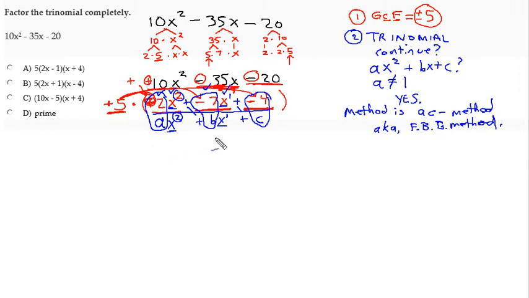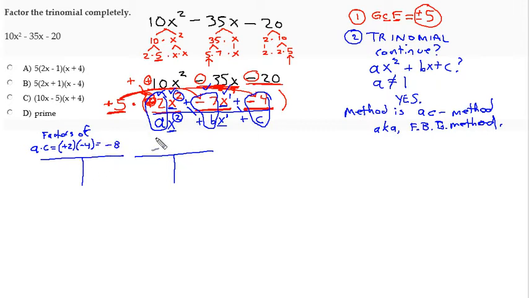The AC method asks us to draw 2 tables. It wants us to identify the factors of the number that we get when we multiply a and c. So a is positive 2 and c is negative 4, which gives us a product of negative 8.